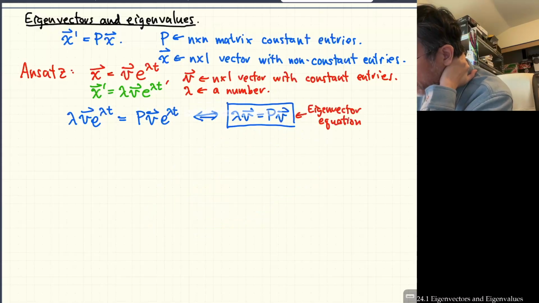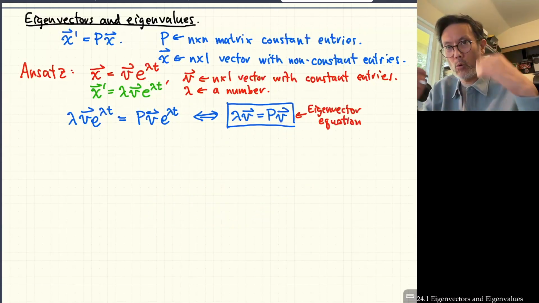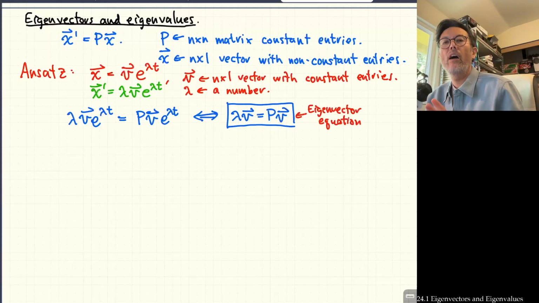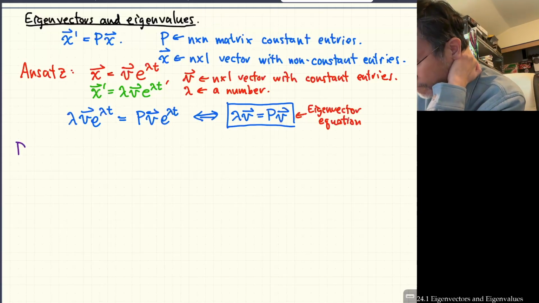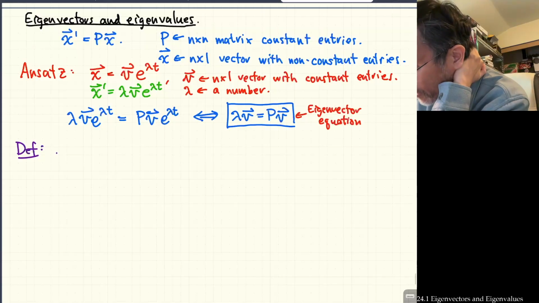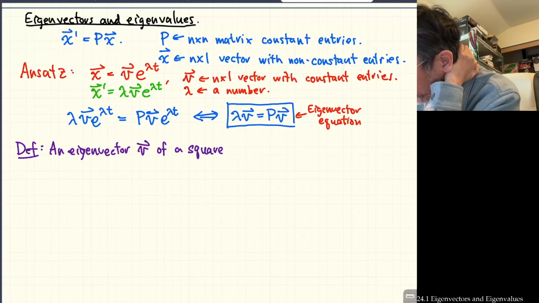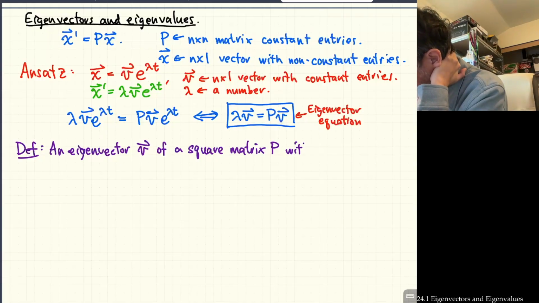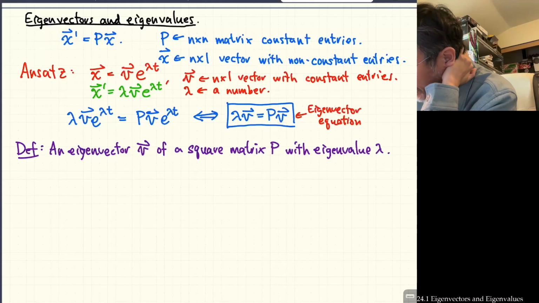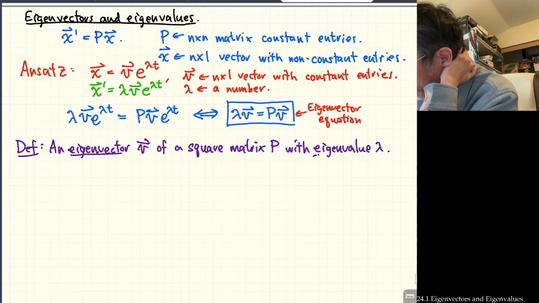So with that in mind, let me make the following definition. And now we're really going to venture into the world of linear algebra. Definition. An eigenvector V of a square matrix P with eigenvalue lambda. I'm defining the notion of eigenvector and eigenvalue all at once.